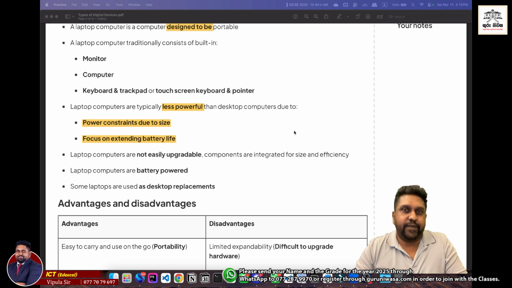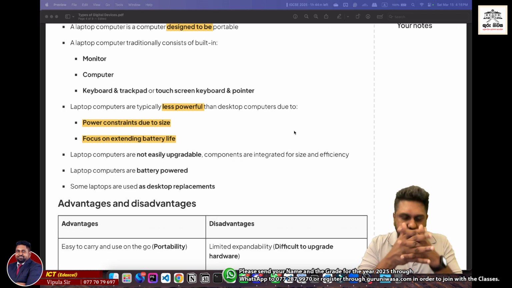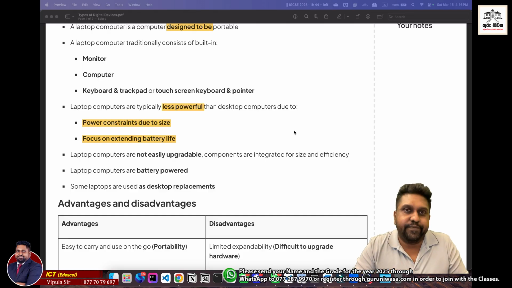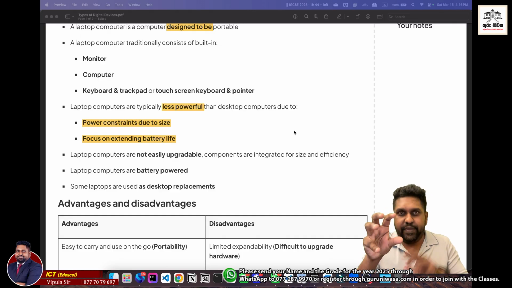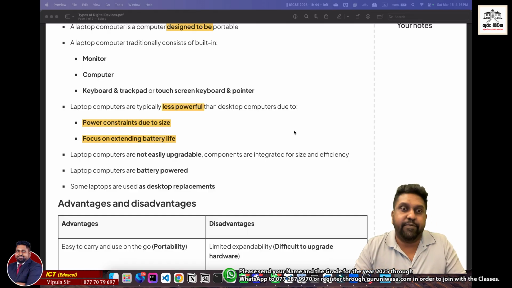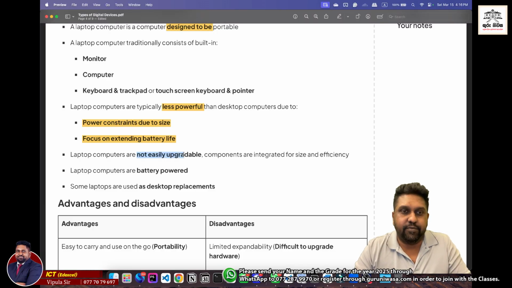Take the hard drive, or mainly nowadays the memory, which is basically soldered to the motherboard itself. So you have the CPU and the memory fixed together, so there is no way of upgrading. So you can easily say it's not easily upgradable, or it's not upgradable, right?